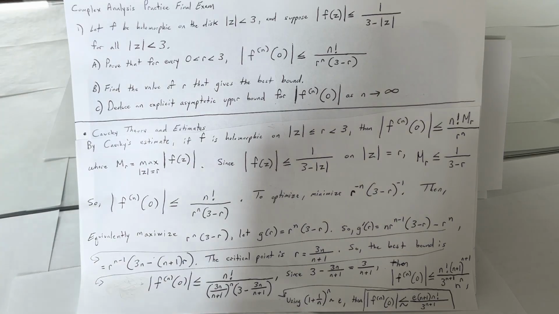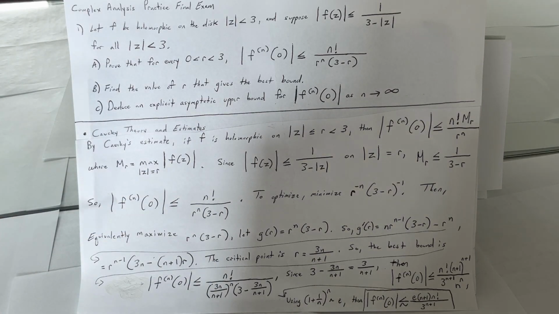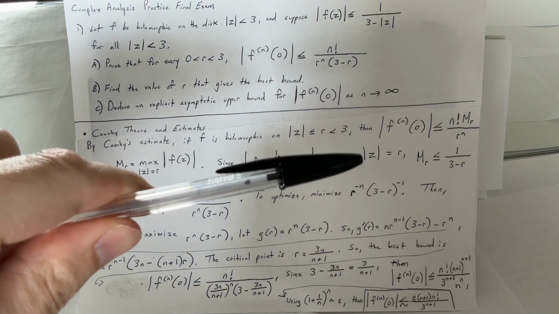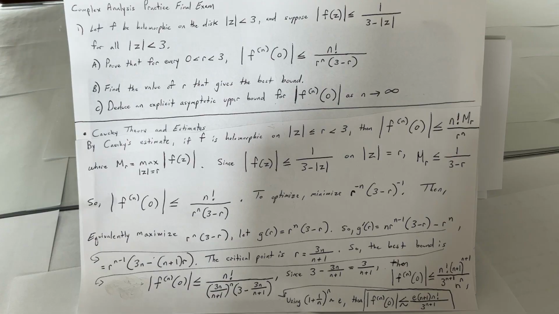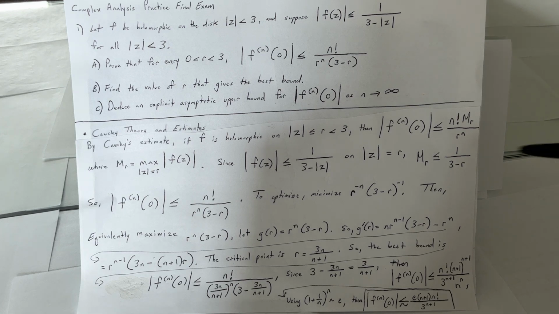And since absolute value of f of z is less than or equal to 1 over 3 minus absolute value of z on absolute value of z equals r, M_r is less than or equal to 1 over 3 minus r.